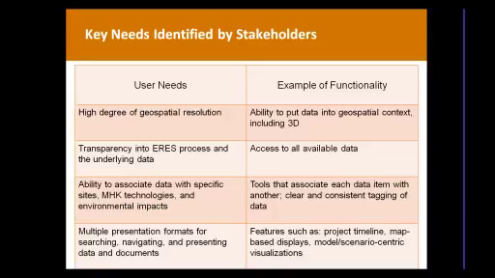And those include the need for a high degree of geospatial resolution, so the ability to put data into geospatial context. Everyone is interested in MHK technology, but they're particularly interested in MHK technology that's in their backyard, whether that's figuratively or literally. And so being able to put the information into spatial context is really important.